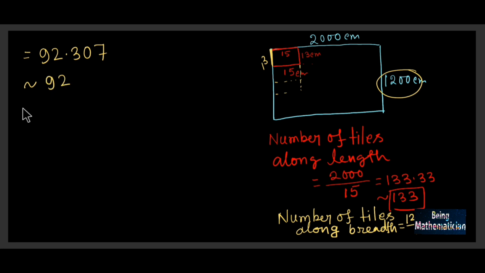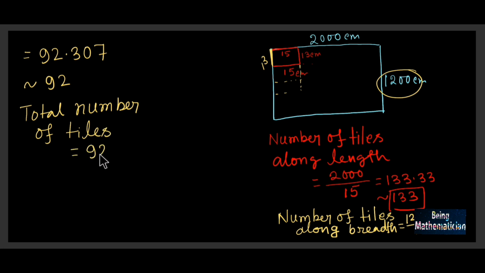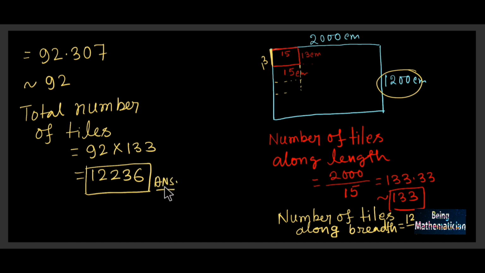So the total number of tiles is equal to 92 into 133, and it must be 12236. So it is the number of total tiles, and it is our first answer.